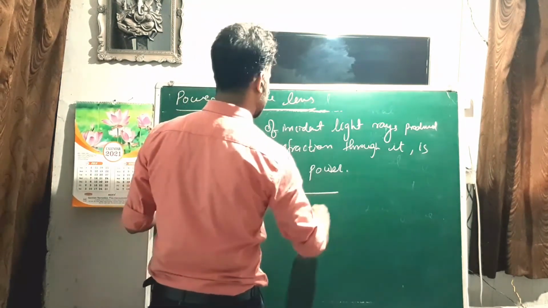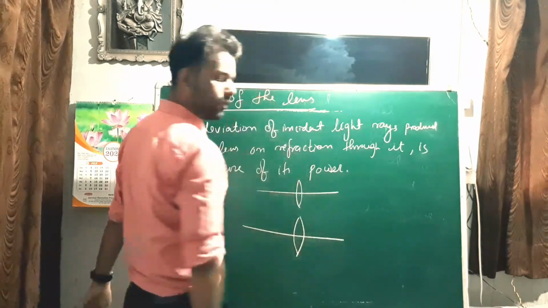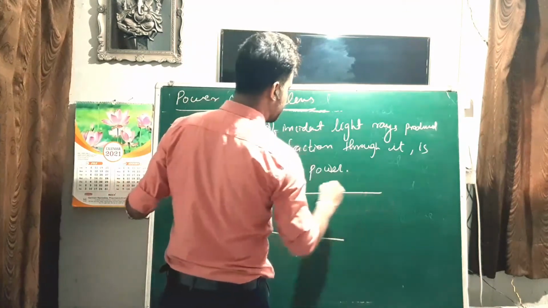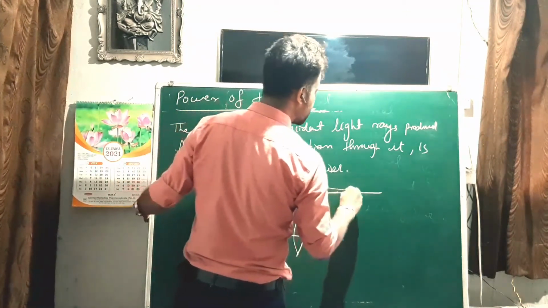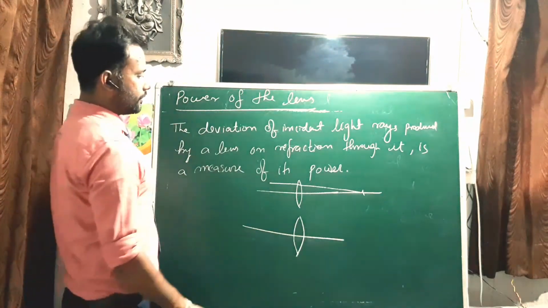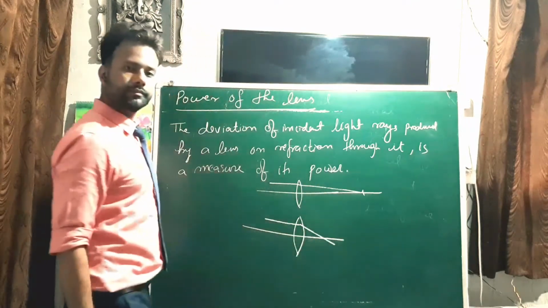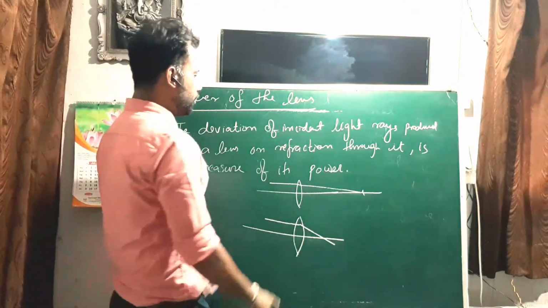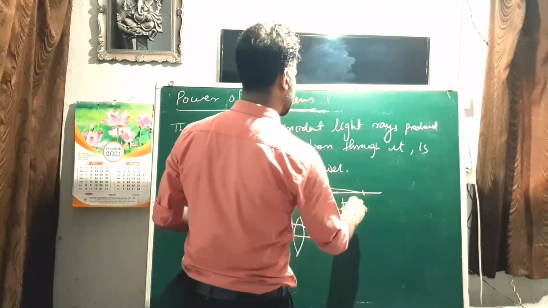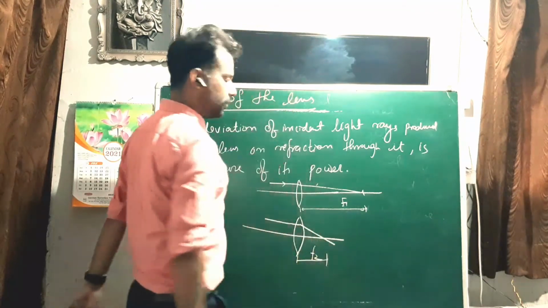We have considered 2 lenses, right? Once the parallel rays come, it bends like this, and here it deviated. But in this case, it bends like this. Because this is a parallel ray, this will be the focal length. Let's say this is f1, and here this is f2.